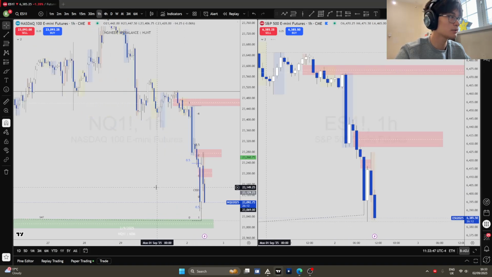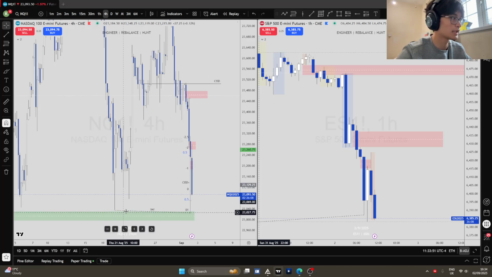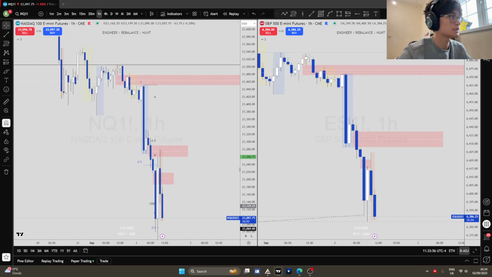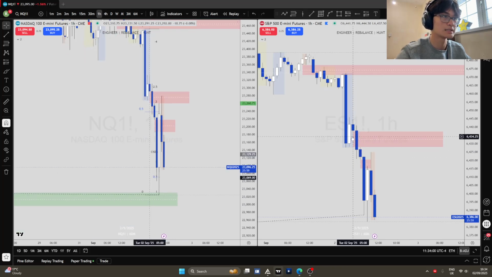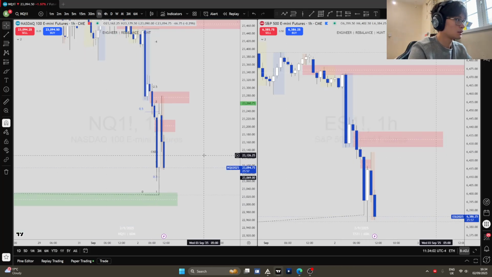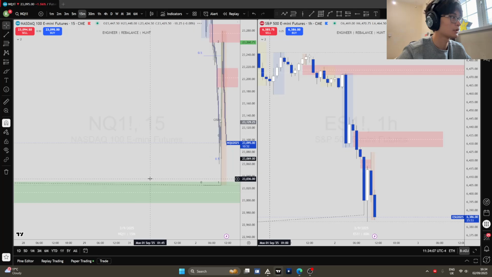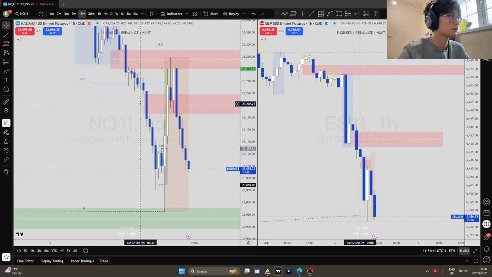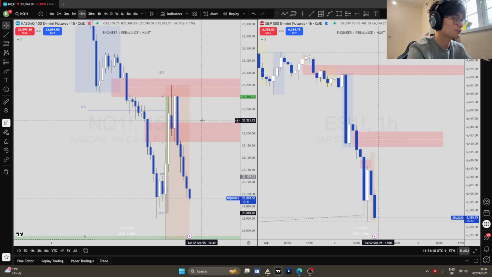Actually wait, I forgot to mention, on the 4 hour we had SMT at these lows. Now going to the hourly, we have this unfilled civvy and the same thing on ES. And on the 15 minute, we have again the same SMT, we have the sweep, and we still have the CB here, and we have the CB here, and we have EQ.